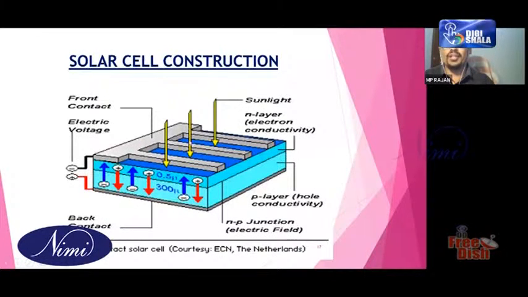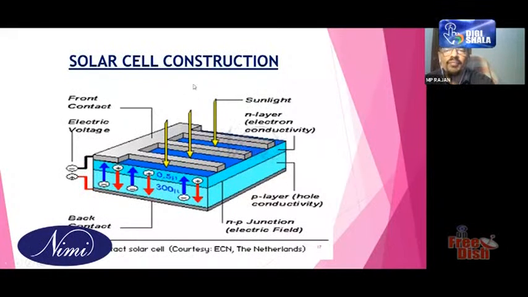Sunlight is falling over the solar cell directly. We have seen in the last class that there are three varieties of sunlight coming. One is direct sunlight, which is coming from the sun without any obstruction, with no dirt. It falls on the cell directly, perpendicularly at 90 degrees. Some is diffused, coming through some other obstruction, and its intensity is very low. Some is reflected from the ground to the side.